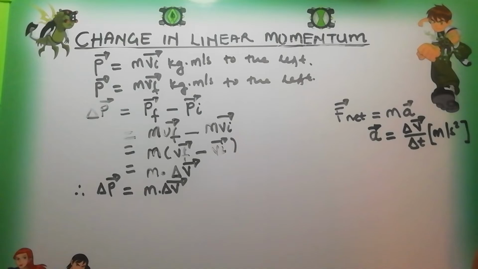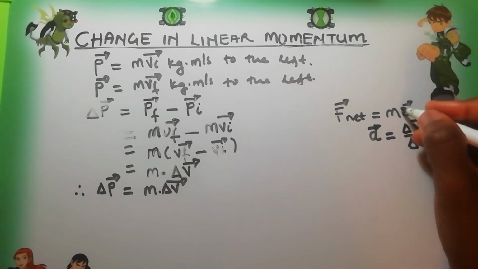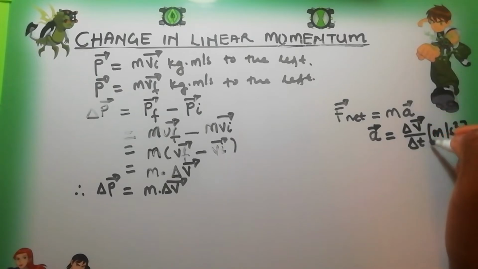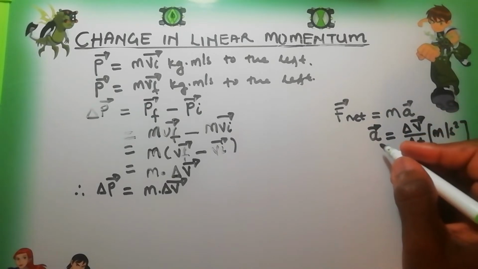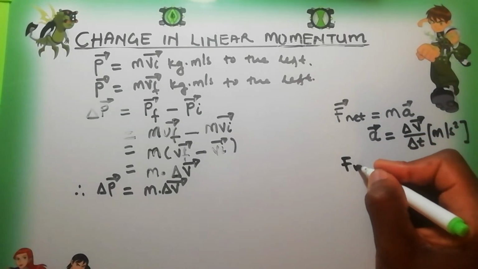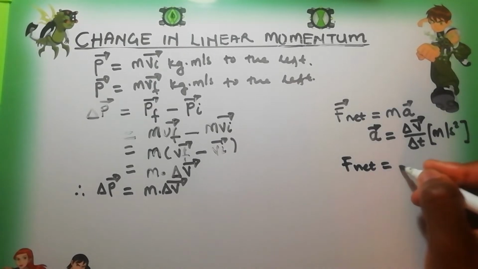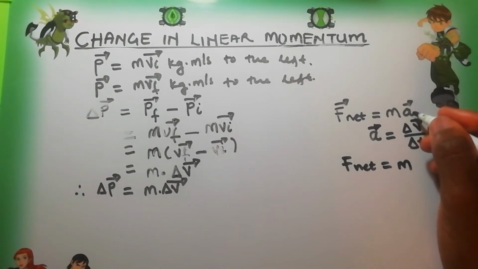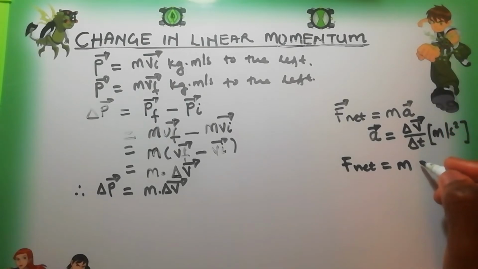Okay, so we are going to substitute the acceleration here with this expression. So F net will be equal to mass, and where we see acceleration, we substitute this expression: change in velocity over change in time.